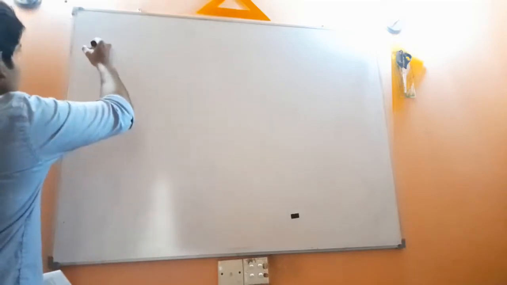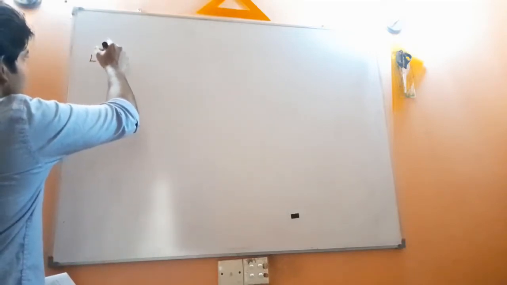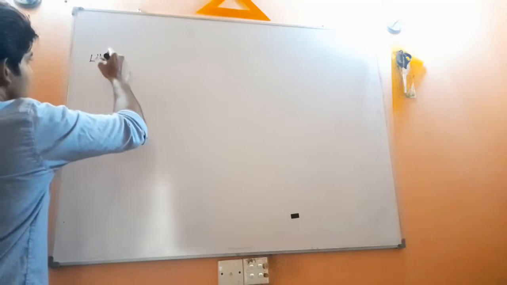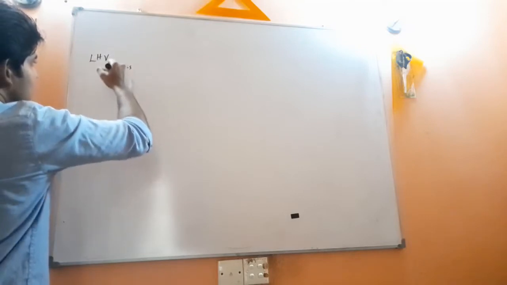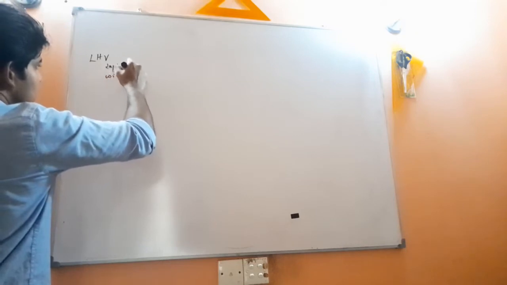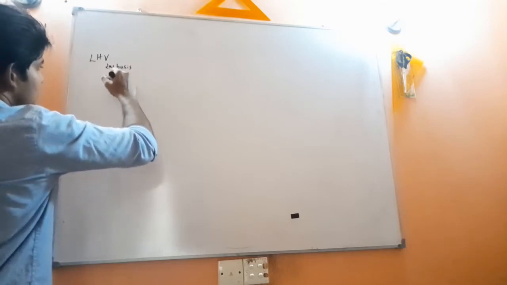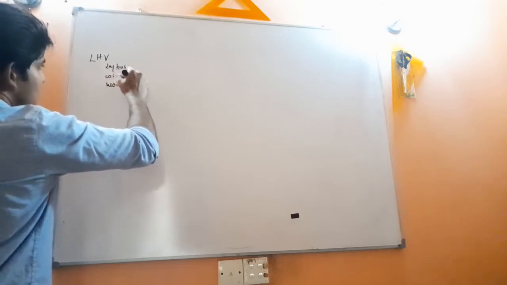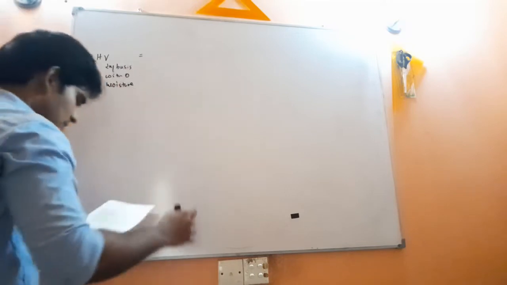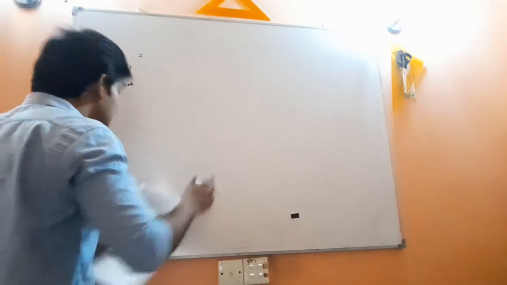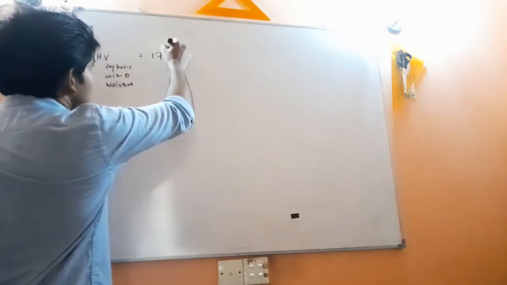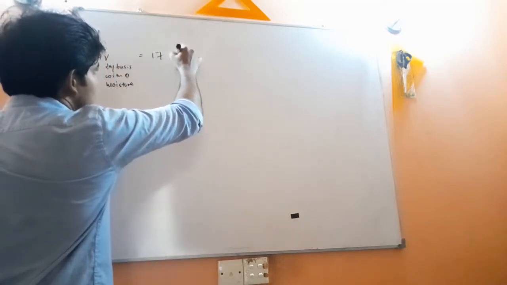Lower heating value, dry basis, that means with zero moisture, is given: 17.9 megajoules per kilogram.